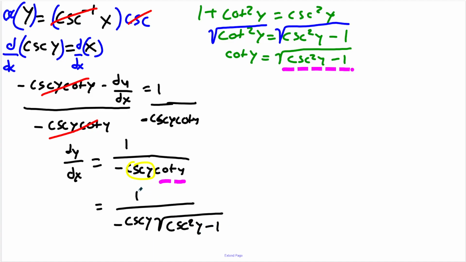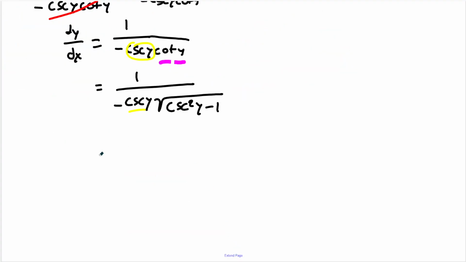So now, thinking about this, I'm going to rewrite this. I'm going to use a purple marker here. We have cosecant of y equals x. We see a cosecant of y here, and we see a cosecant of y here. So why don't we rewrite this as 1 over negative x times the square root of cosecant squared of y minus 1.